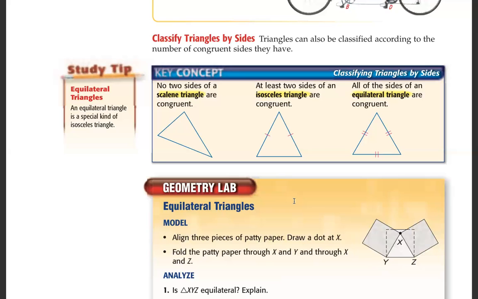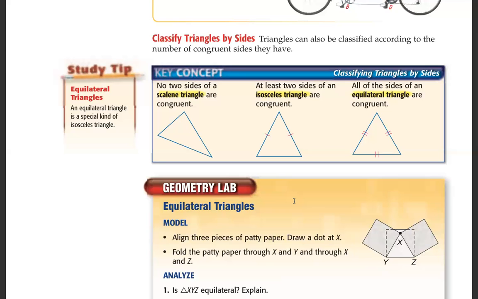But if there are three, although it still fits the definition of isosceles, we have a more specific name for that. If all the sides of a triangle are equal, then we call it equilateral triangle. All of the sides of an equilateral triangle are congruent, so the three sides have the same measurement.